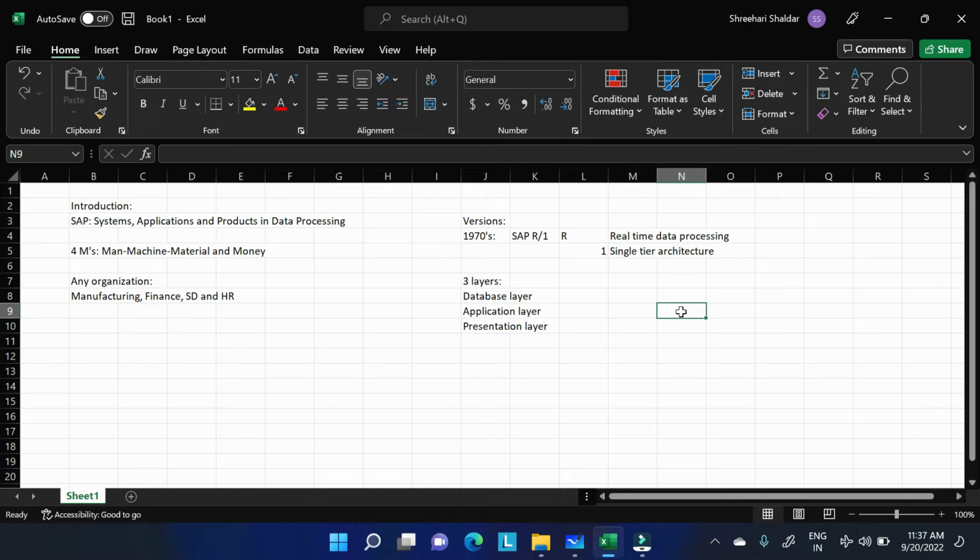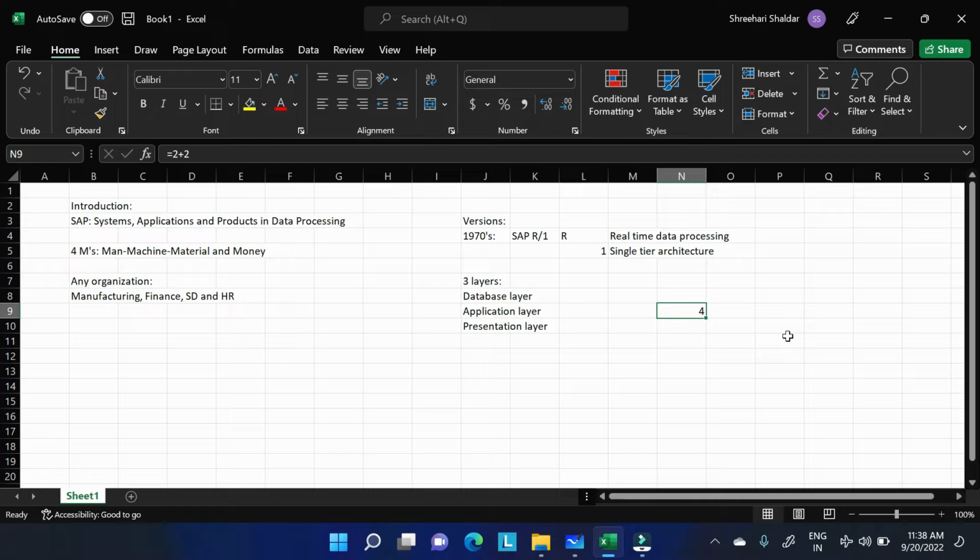If I give equal to 2 plus 2, it will show 4. How does this 4 come? I have given this program, which is stored in the database layer, and we give this program to the Excel application, and it presents us the value 4 for the end user. That is what the presentation layer is all about.